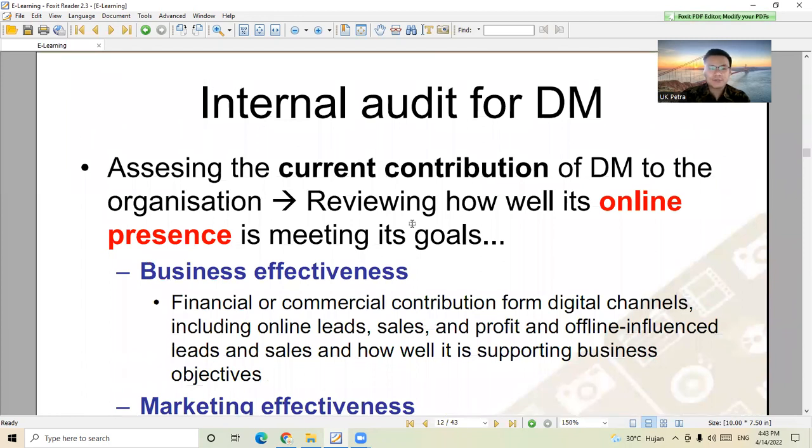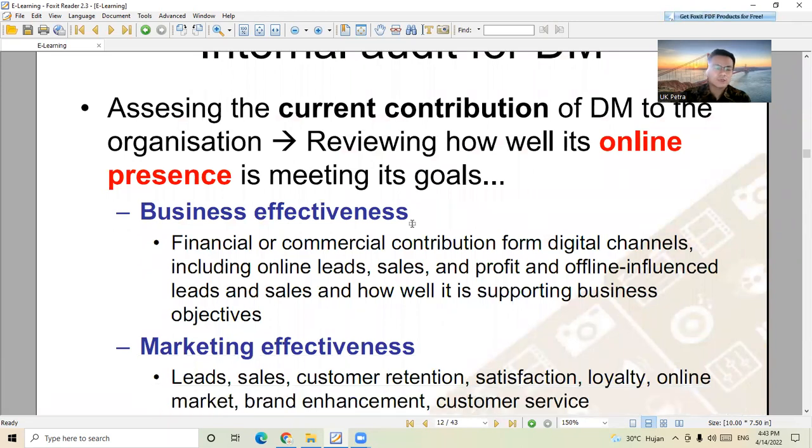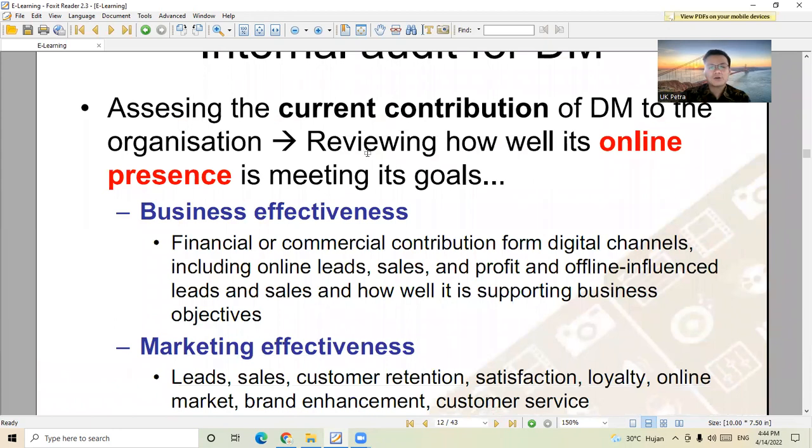The next thing that we want to discuss is the internal audit for digital marketing. It is necessary for digital marketing to be audited, so that the auditor can assess the current contribution of digital marketing to the organization. For example, reviewing how well its online presence is meeting its goals.